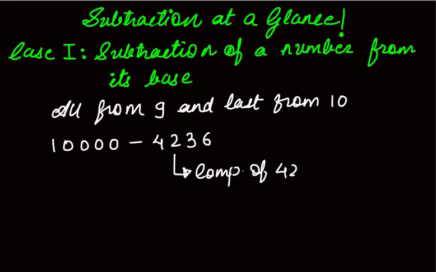Thus, applying the formula all from 9 and last from 10, we get the complement of 4236 as 5764. Remember, for the number to be subtracted, the number of digits should be equal to the number of zeros in the base.